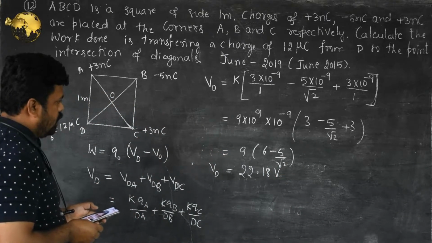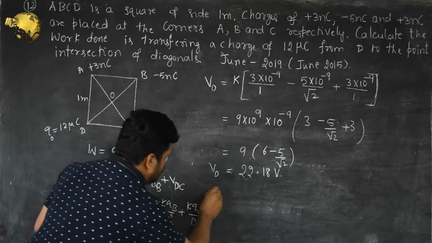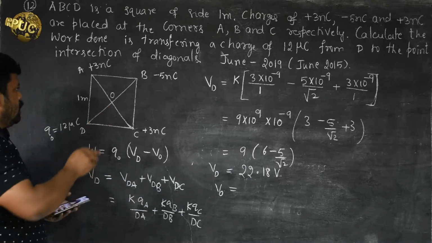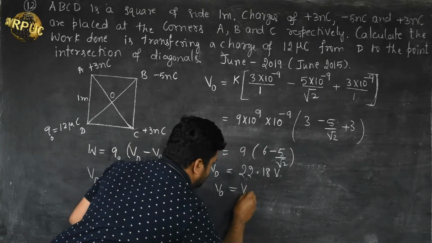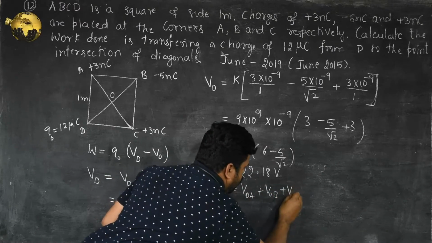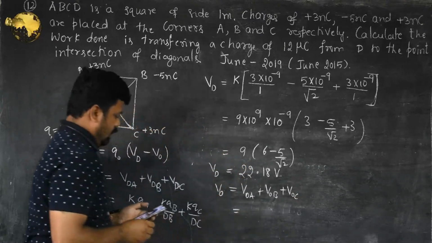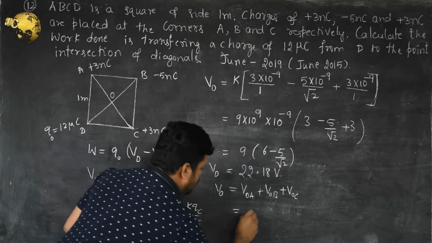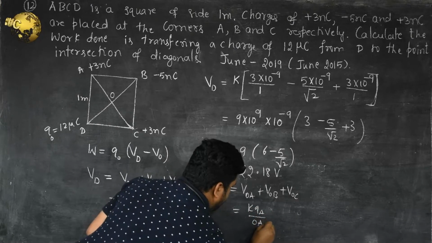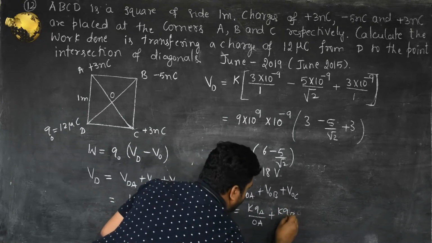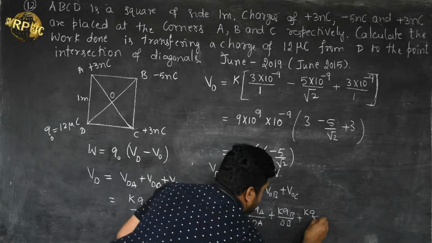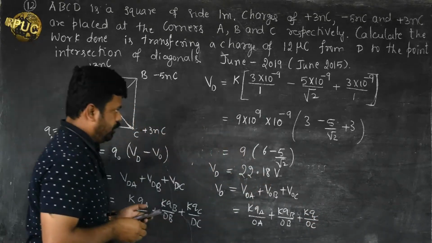Similarly, let's calculate the potential at O. Vo, again the charge is moved to the point O. The potential at O is due to again the charges at A, B and C, that is VOA plus VOB plus VOC. This equation becomes K QA divided by OA plus K QB divided by OB plus K QC divided by OC.